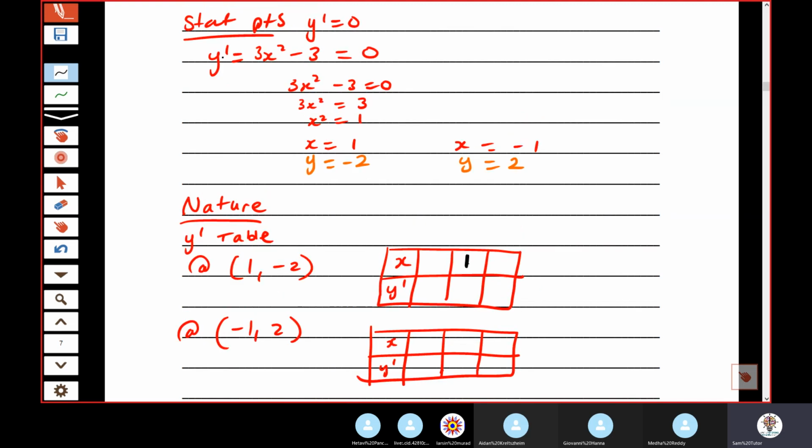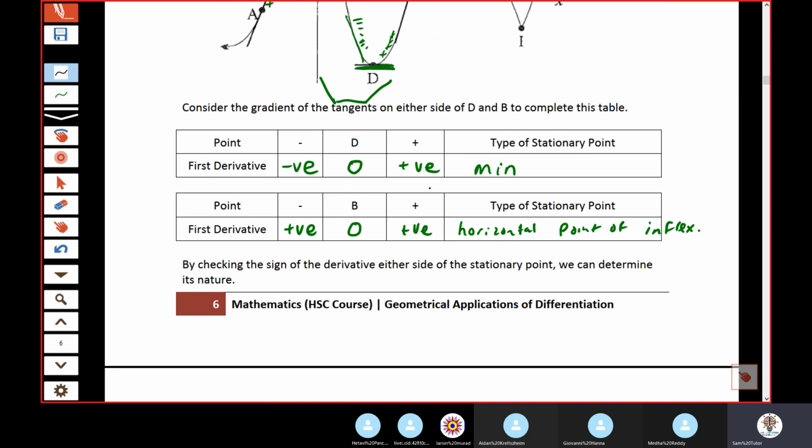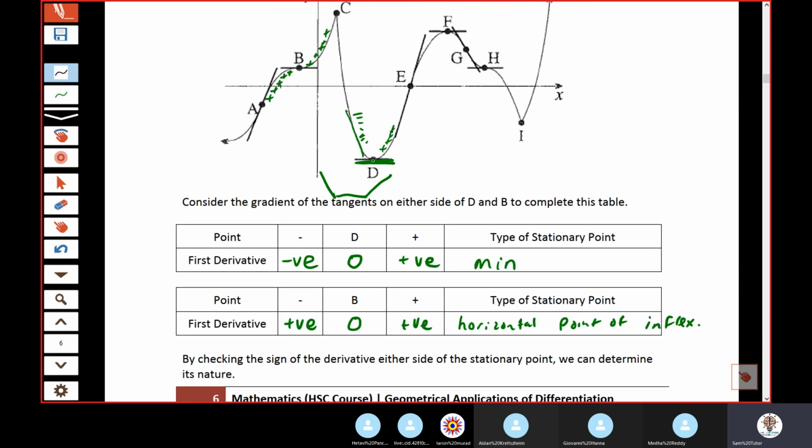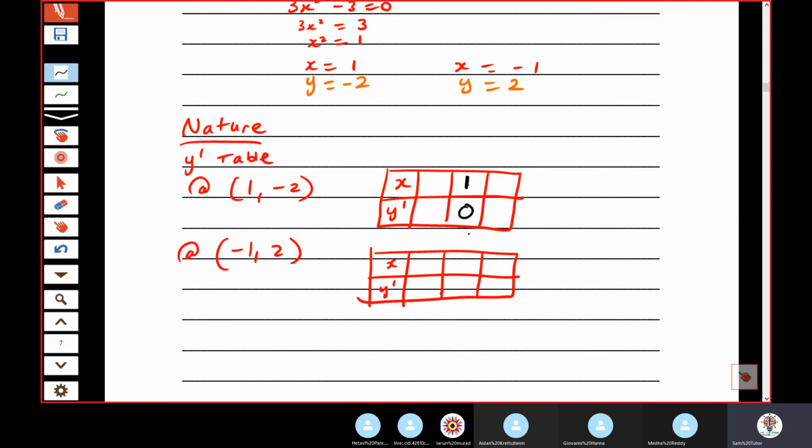Y dash equals 0 when x is 1. Isn't that what you just did above? So that middle term, you can memorize it. It's always got to be 0. Let's go above, just so you guys can see what we're doing. Look, you found it's already a stationary point. So what does the middle always become? 0. Just has to.